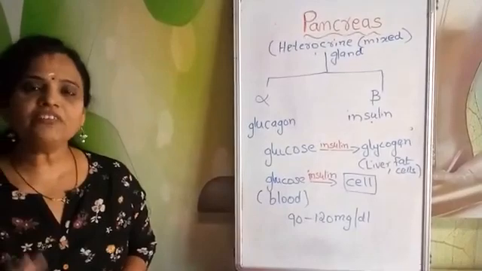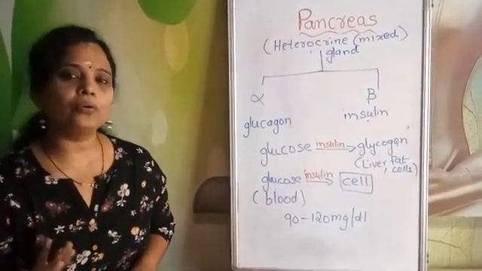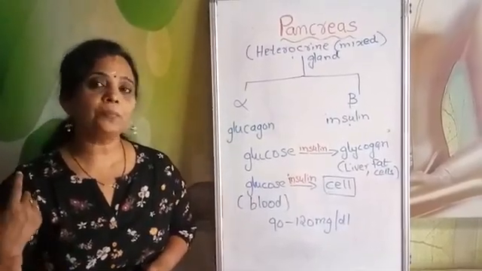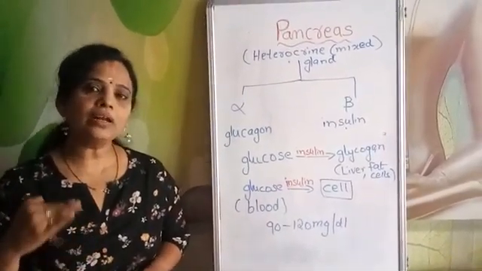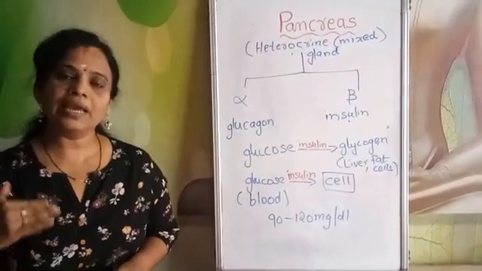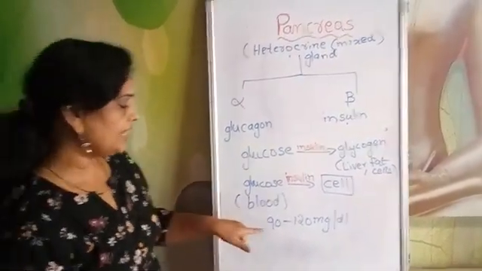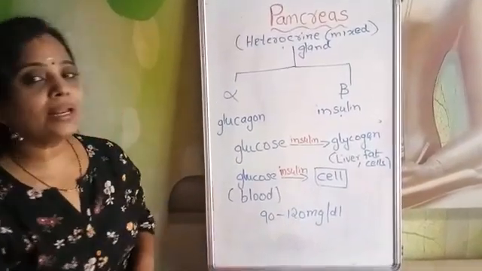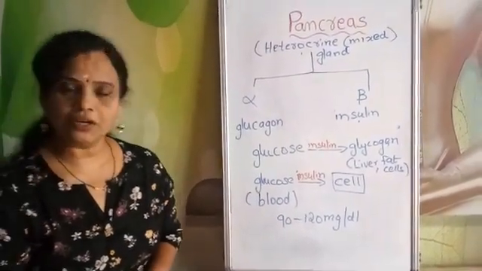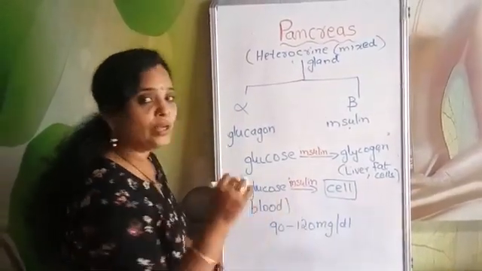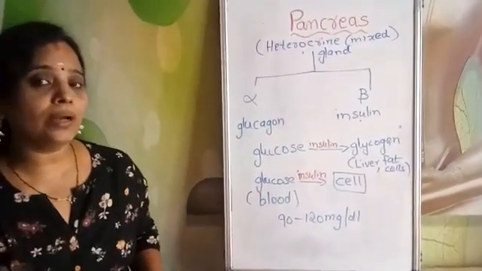That means the blood will have sugar or glucose present in it, and the blood is supposed to maintain a particular level of sugar, and that level normally ranges from 90 to 120 milligrams per deciliter of blood. So this is the normal range of sugar level you should have in normal condition.